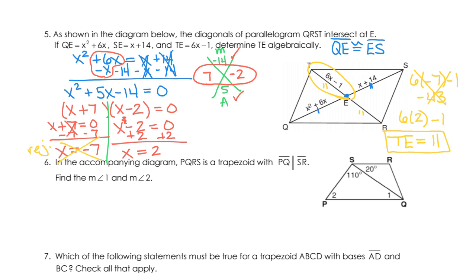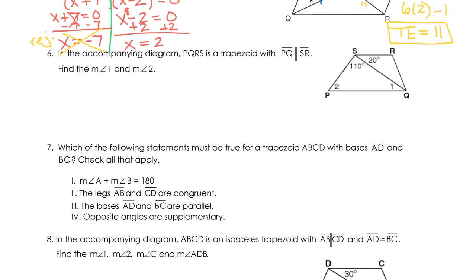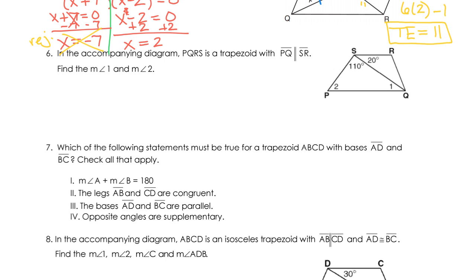All right, number 6. In the accompanying diagram, PQRS is a trapezoid, so not a parallelogram. It says that PQ is parallel to SR, and they want us to find the measure of angle 1 and angle 2.